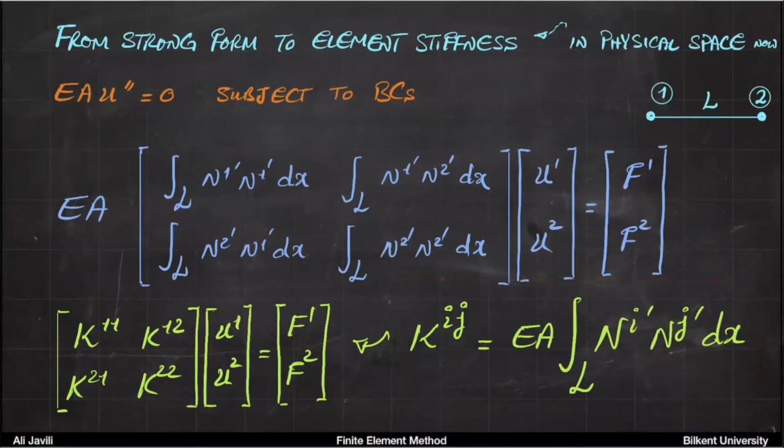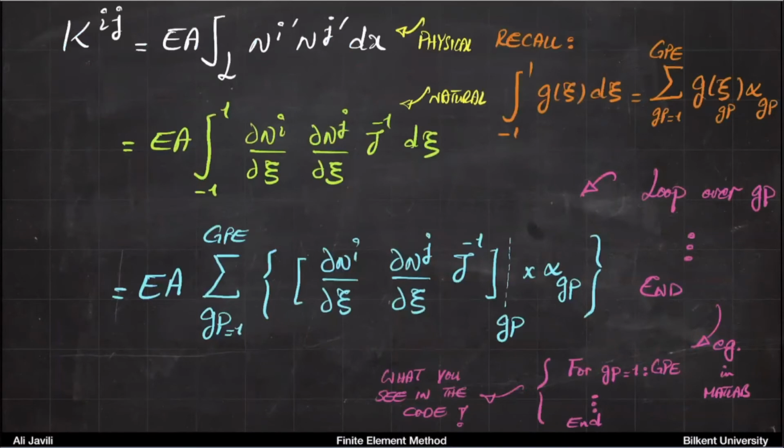Then after this, we had this other slide, which basically allowed us to go from the physical space to the natural space. Okay, and then we saw that when you do this, this guy appears, something like J that we call the Jacobian. And once you have that, then you would end up with a function which is a function of xi. It's only a function of the natural coordinate.